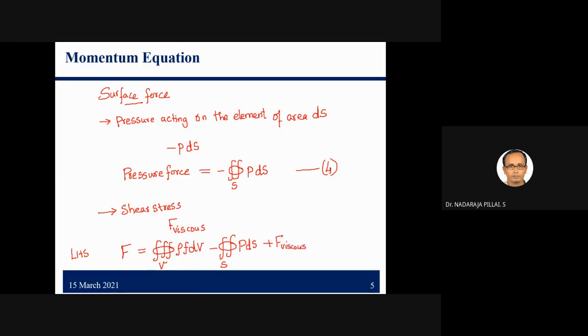Right? So this is the left hand side equation. Let us say the left hand side equation for force is this.